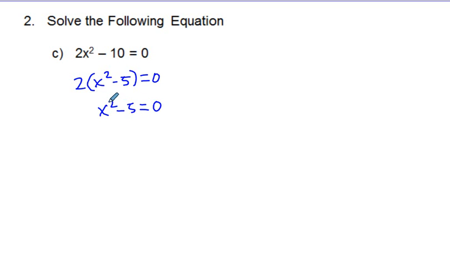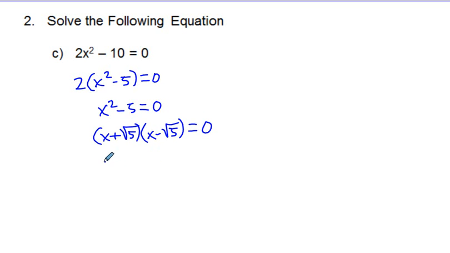Now, this binomial on the left is not classically factorable as others we've seen, but we can sort of force the issue here by still using our difference of squares to rewrite this expression as x plus square root of 5 times quantity x minus square root of 5.